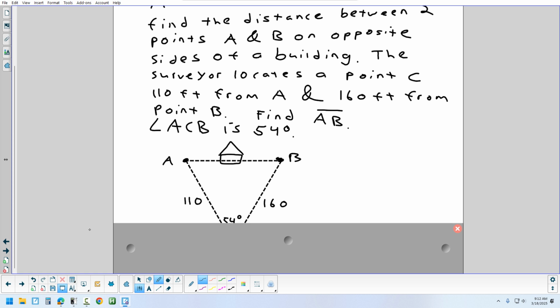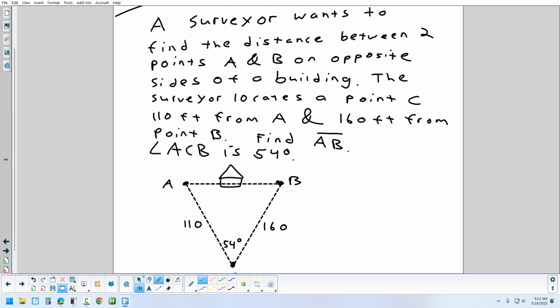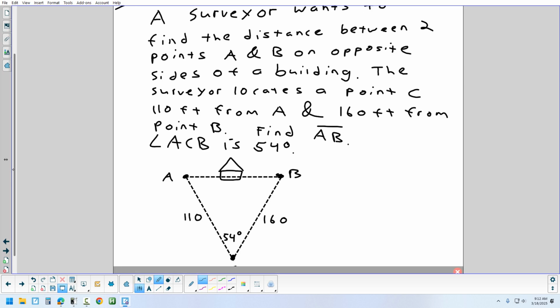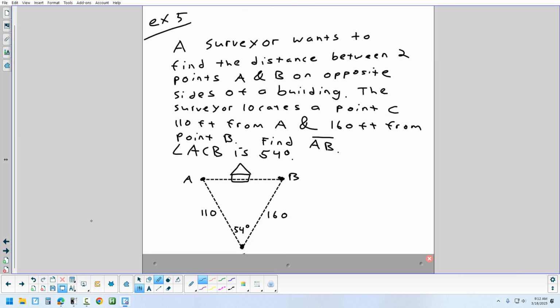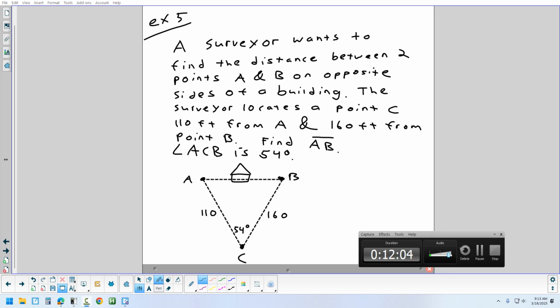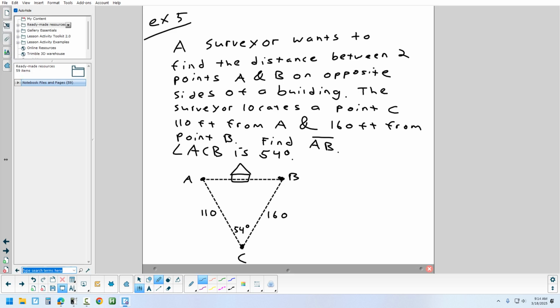I might not label everything in the diagram, but I'm going to give you guys a second to copy that down. Okay, and we're going to be finding some distances in that triangle. All right, so let's take a look at what we have here.